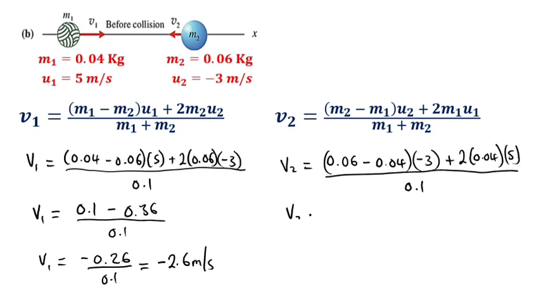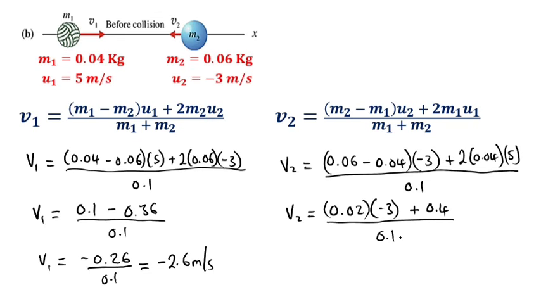So V2 is equal to, subtract the two masses, we get 0.02. We'll multiply this by minus 3, and then 5 times 2 times 0.04 will give us a positive 0.4. Remember, all this is over 0.1.